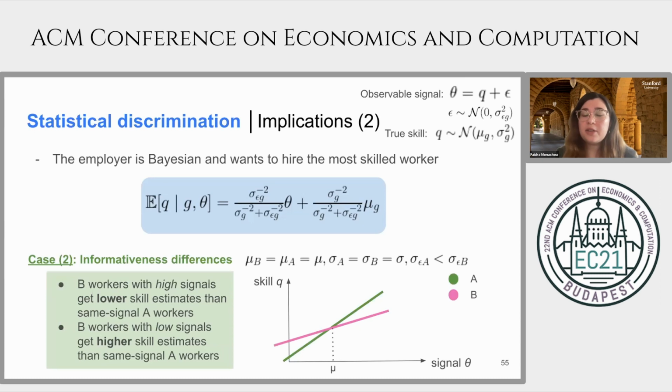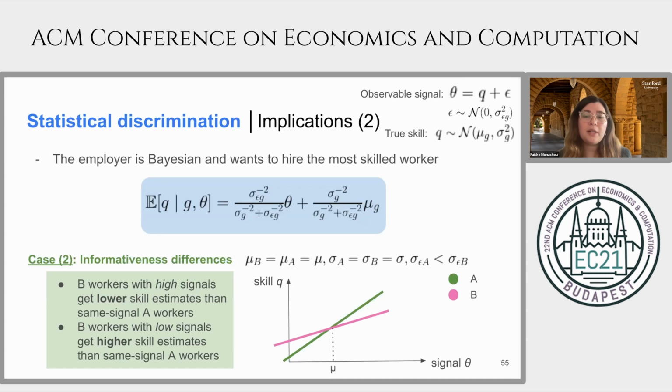And here's the second case that Phelps considered. Now the means and variances of the true skill distribution are equal. So the two groups are equally skilled, we don't see any difference there. But we do see some informational differences. Now the signals of group B are more noisy, which means more unreliable, than group A signals. Graphically, this means that the skill estimates function for the two groups will be two lines again, but these two lines will intersect at the common true skill mean mu.